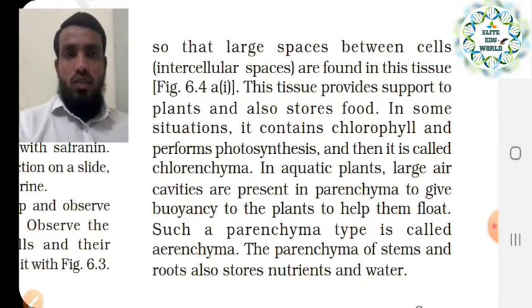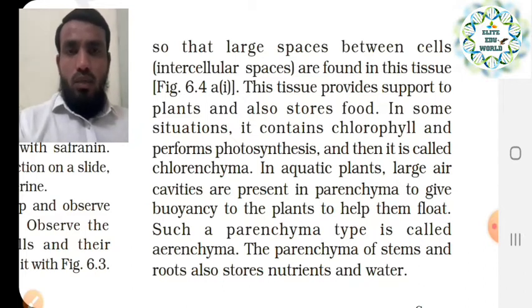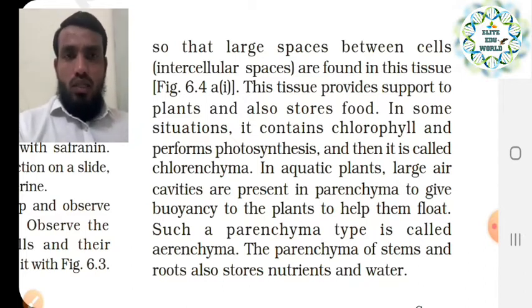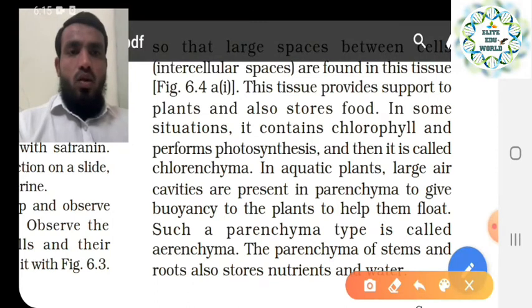So what is the function of this parenchyma? It provides support, and it also stores food. And in some situations it contains chlorophyll, so it can perform photosynthesis, right? Sometimes this kind of tissue has chlorophyll, and that is why the name is changed to chlorenchyma.